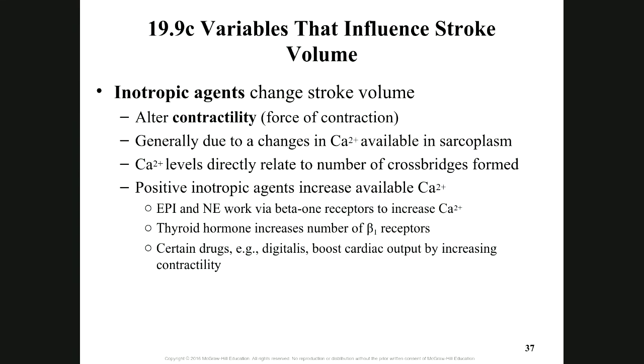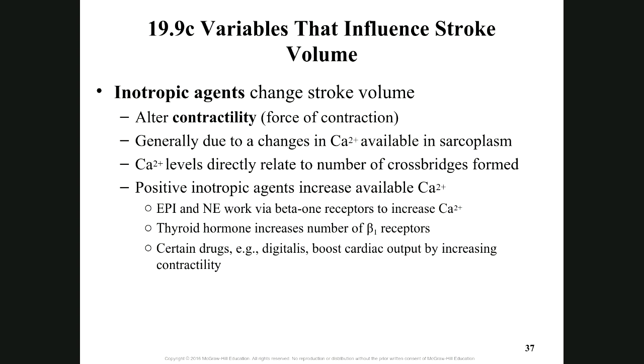The primary external factors which can increase and decrease the heart rate are autonomic innervation and also the hormones. These factors can also change the stroke volume. Inotropic agents can change the contractility of the heart and the force of contraction.